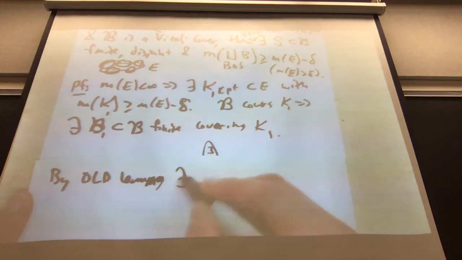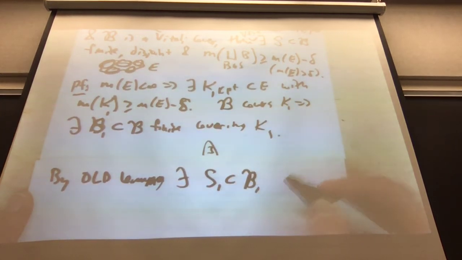Well, I took 32 to the D1s. There exists a subset S1 of B1 of disjoint balls.